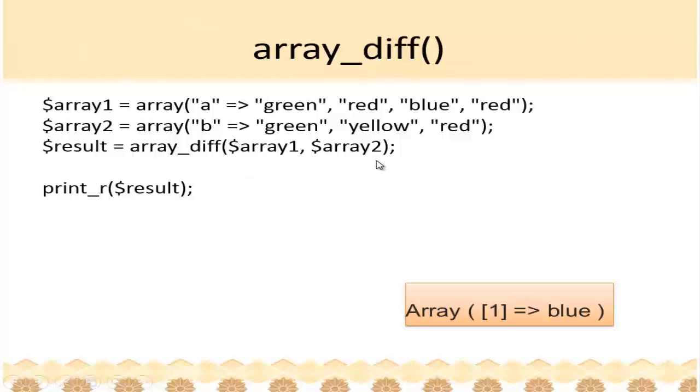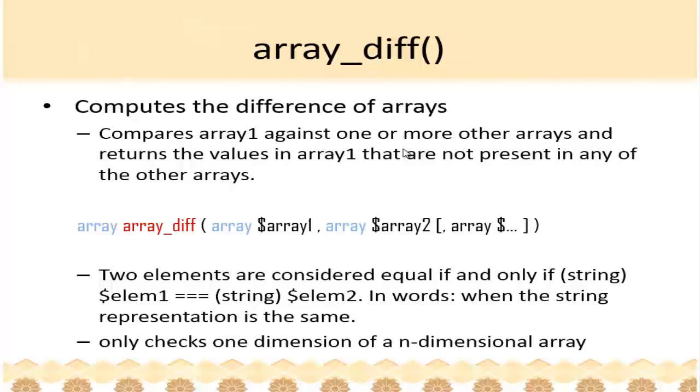If I write it the other way around, if I write array 2 first and array 1 next, then yellow will come because yellow is extra in that case. So that's what a difference is. So what is the difference? It compares array 1 against one or more other arrays and returns the values in array 1 that are not present in any other arrays.